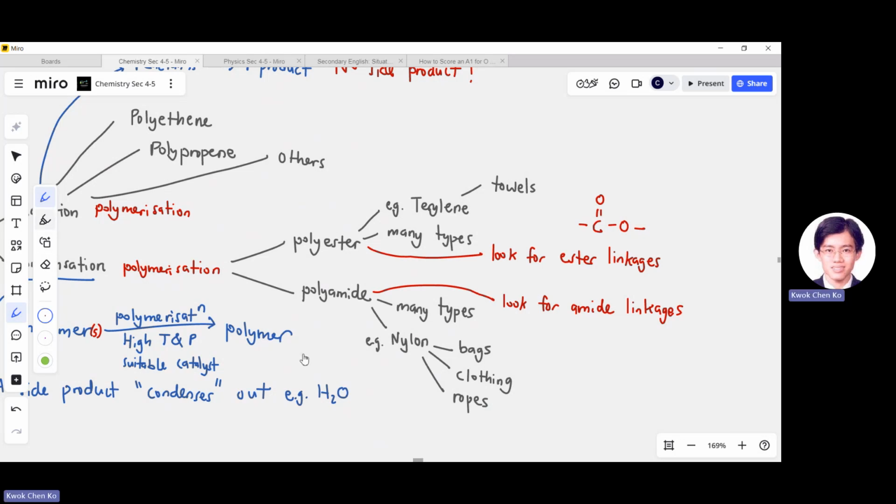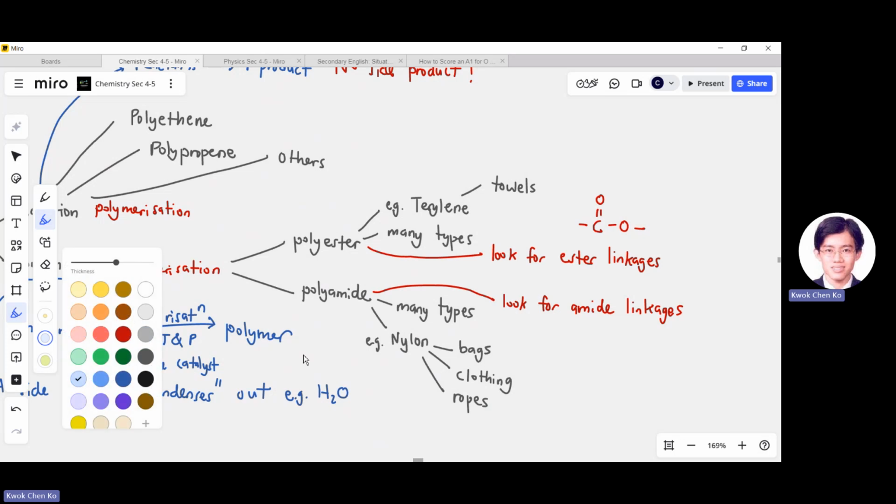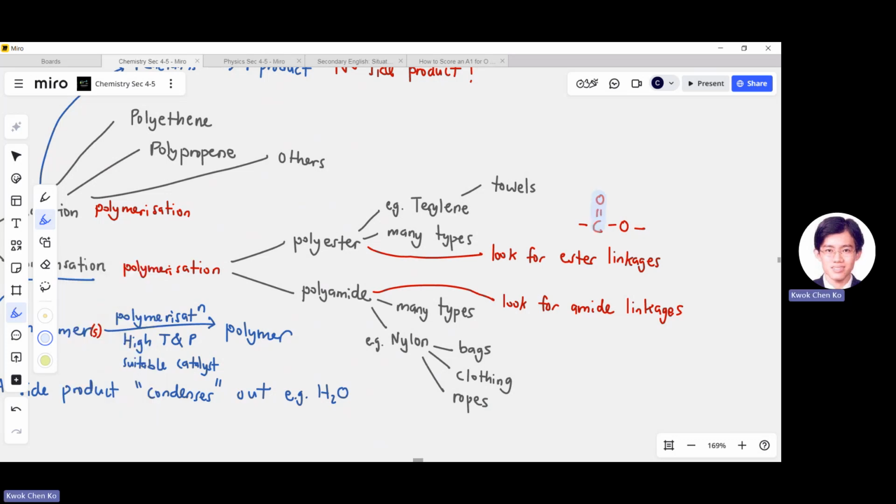But of course, you should remember what functional group this is. It's basically your ester functional group. But if you find many of these together in the same molecule, then it's called an ester linkage.